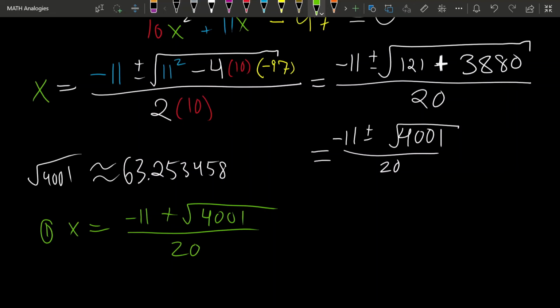And we have answer 2. X equals minus 11 minus square root 4,001 over 20. So minus 11 minus, this time, the square root of 4,001 all over 20. And these are our 2 answers. Take care.